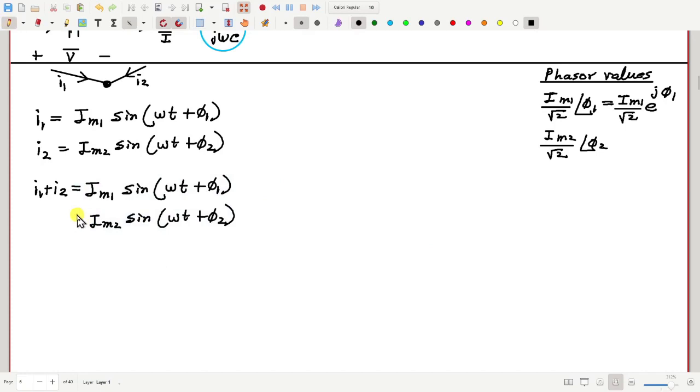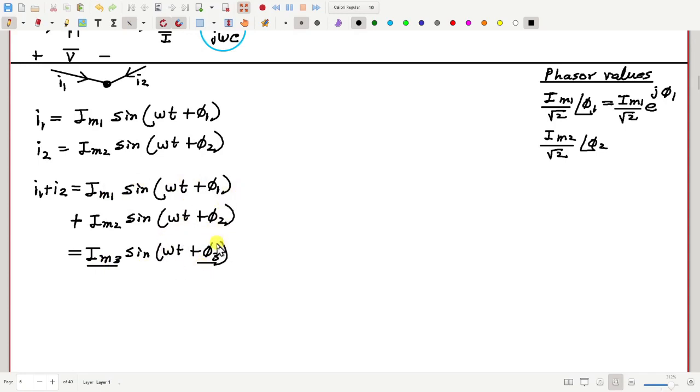This plus this. Now, if you simplify this expression of I1 plus I2, you can write it as Im3 sine(omega t plus phi 3) for some value of Im3 and phi 3. What will be those values of Im3 and phi 3? For that you have to simplify this using trigonometric rules.